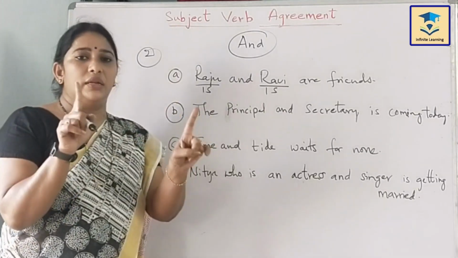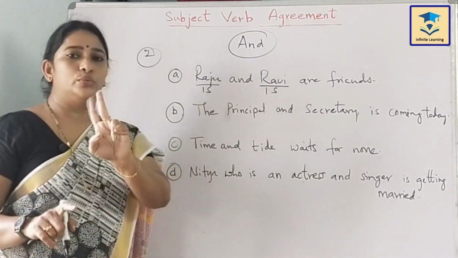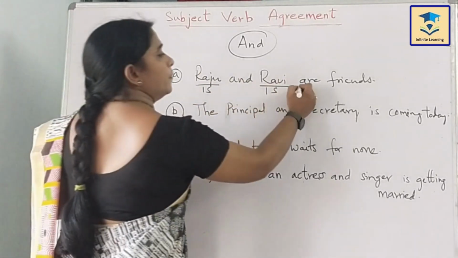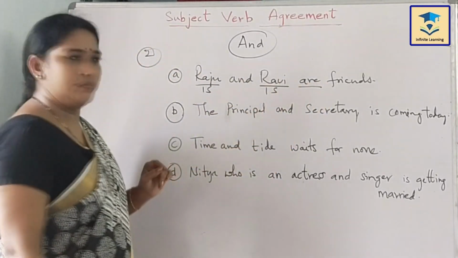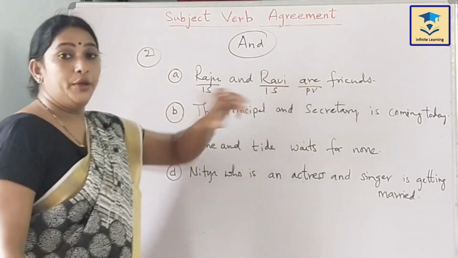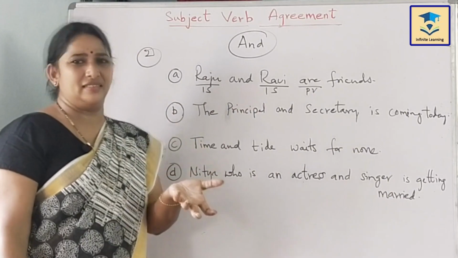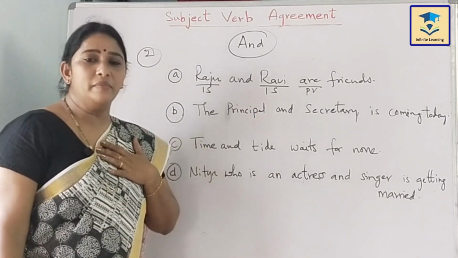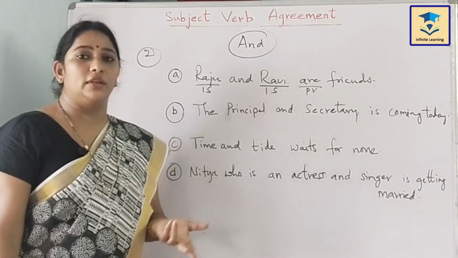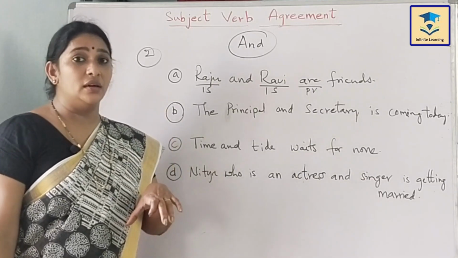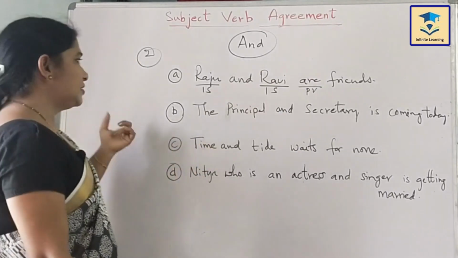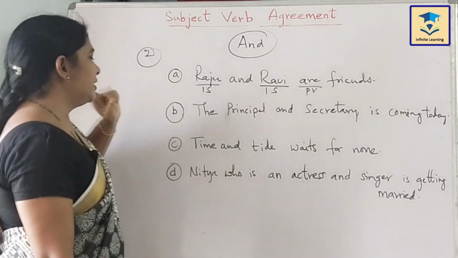When 1 plus 1 get together, they become 2. Yes? 1 and 1. 2. So, the verb is plural. Plural verb, are. You know singular verbs and plural verbs? Is singular, are plural. Am singular. Has singular. Have plural. Was singular. Were plural. Yes? Now see the second example.